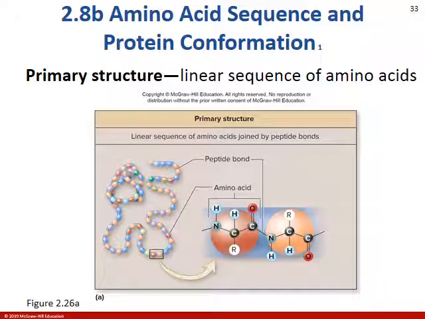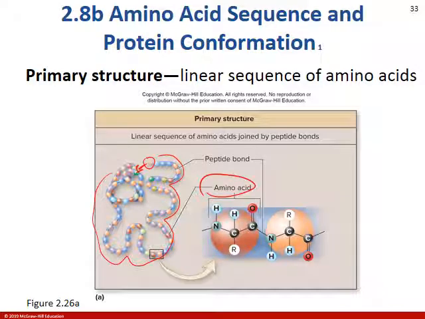Depending on what category of amino acid, those polar, non-polar, you're going to see the protein conform, or go through a conformational change. So you can have one end interacting with a different section of the protein. These are all beads on a string, right? These are all individual amino acids.